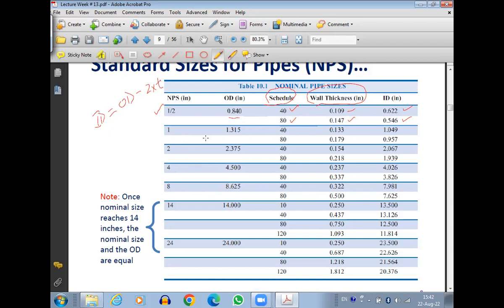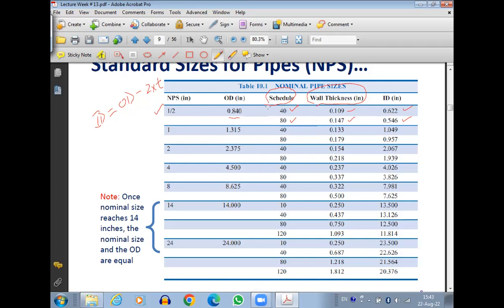Now the point for you to remember is you don't need to memorize, for each nominal pipe size, what the outer dia and inner dia will be. The point to understand is that corresponding to any nominal pipe size, you will have a specific outer diameter, and corresponding to a specific schedule, you can calculate the inner diameter.